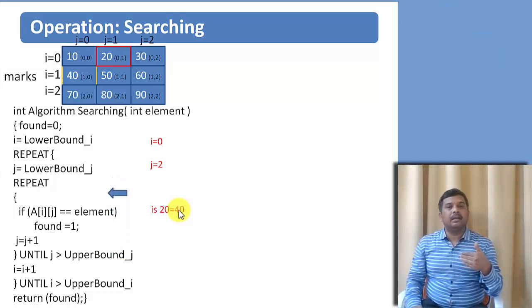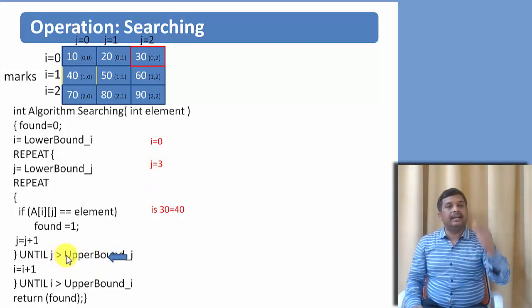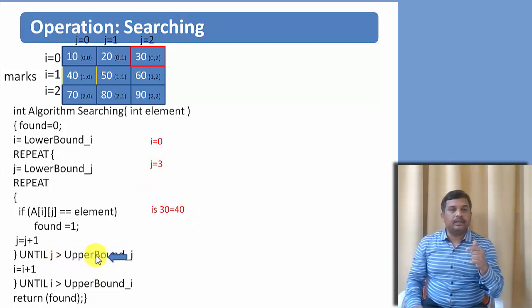Now i is 0, j is 2, so the a[i][j] value is 30. Is 30 equal to 40? If no, again j is incremented. Now j becomes 3. Comparing with the upper bound, j is greater than the upper bound, it becomes true. So I come out of the loop and increment i by 1.